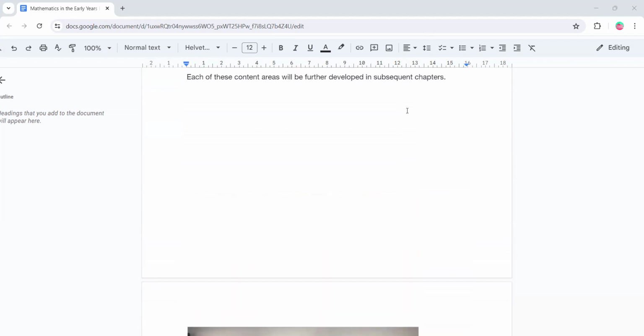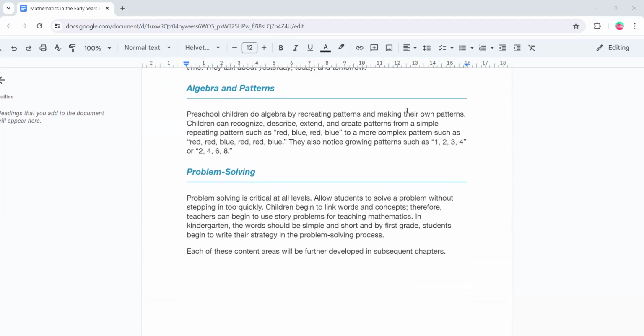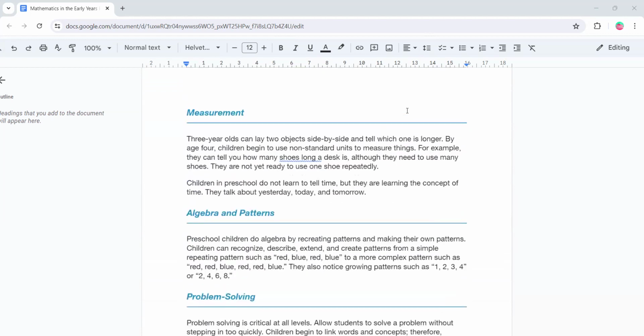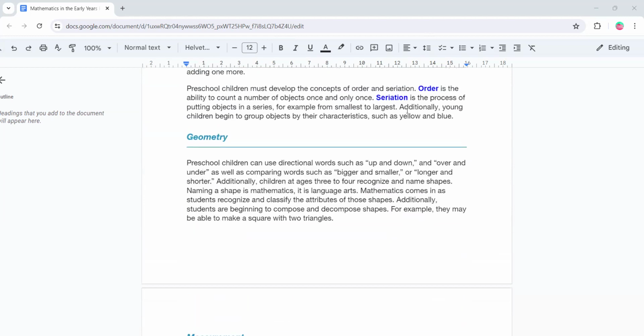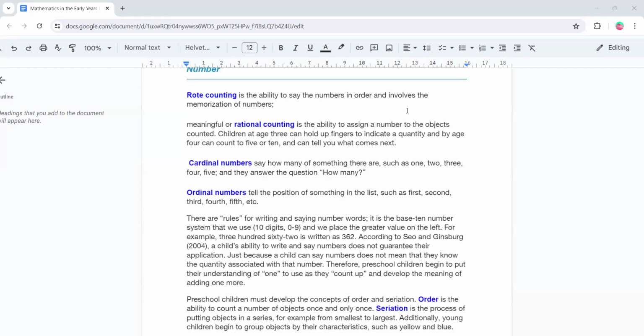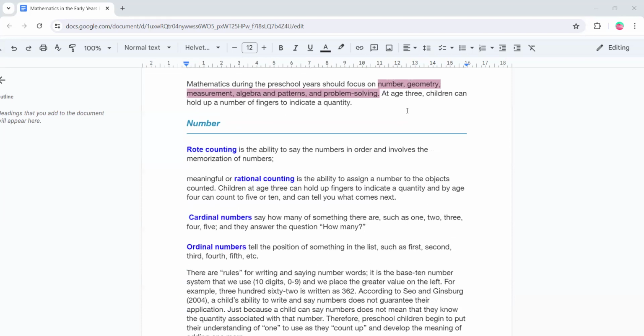So those are the categories that come under mathematics in early years: problem solving, algebra and patterns, measurement, geometry, and numbers. These are the categories that teachers in preschool education have to focus on when they are doing mathematics in the classroom.